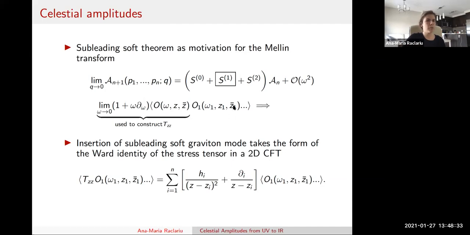Certainly the statement about the stress tensor, which I'm going to mention, this relationship to the stress tensor or to some object which looks like the stress tensor in a conformal field theory, is derived from a tree-level analysis. There are actually corrections, and one can either show that one can renormalize the stress tensor to absorb those and keep this identity invariant, or perhaps one can work in a different basis where there are no infrared divergences, in which case the statement would be exact.